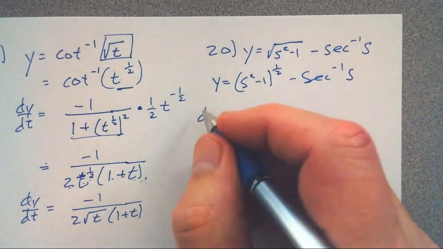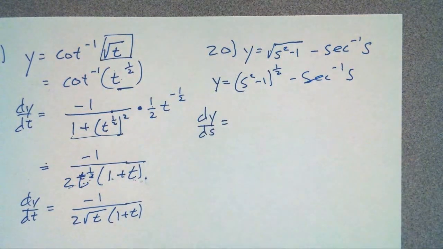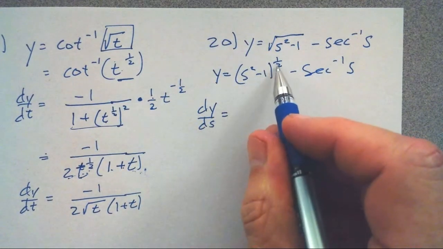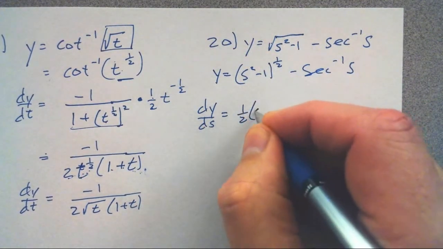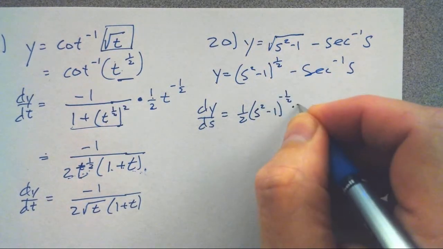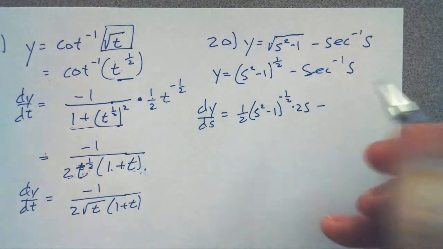So dy ds. See if I run out of room on this guy. So my derivative of this first term, it's a chain rule, 1/2, leave the baby alone to the negative 1/2, times the baby's derivative, 2s, minus secant inverse of s's derivative.